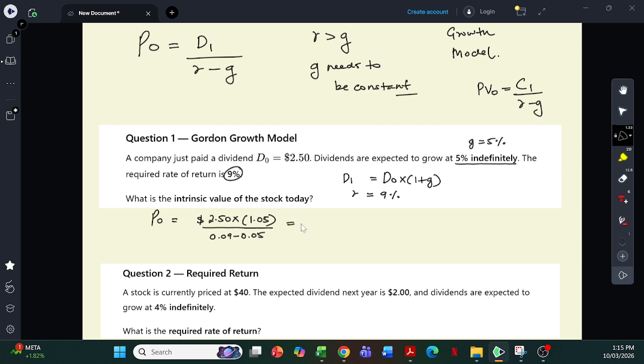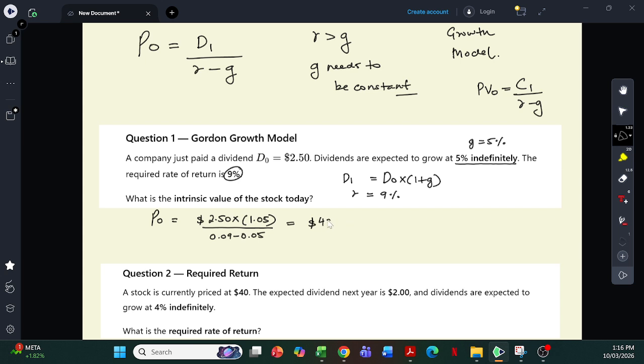Let me just calculate this. It's going to be 2.50 multiplied by 1.05 divided by 0.06. That's 43.75. That's the price of the stock today.